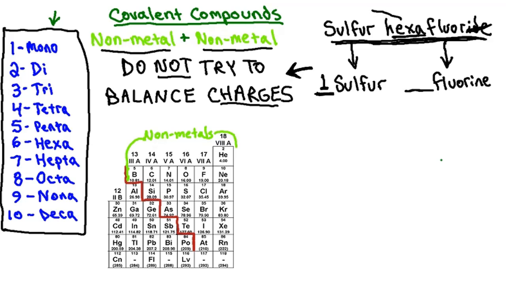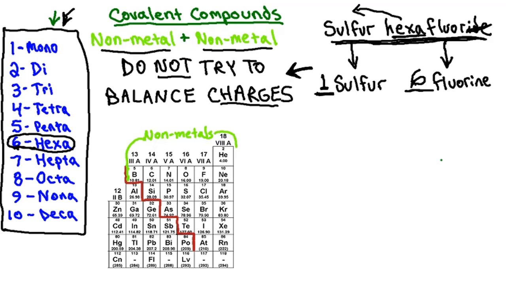So let's look up hexa in the chart over here and see what number that stands for. Hexa stands for number 6. So that means there are 6 fluorine atoms in sulfur hexafluoride.